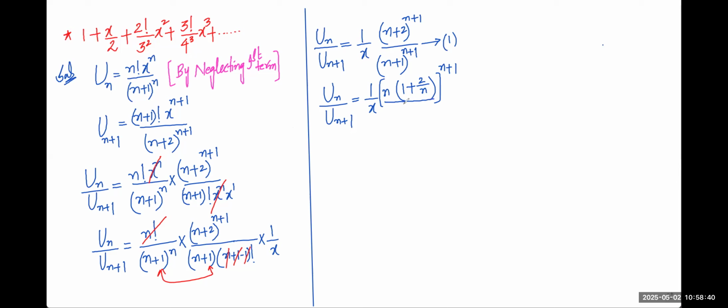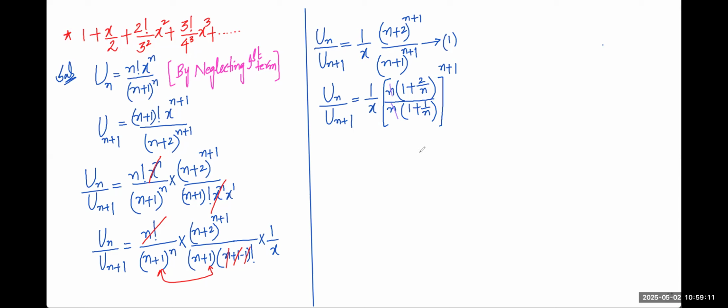Same story here: 1 plus 1 by n whole to the power of n, and this bracket. Now it is convenient to cancel. This one cancels.